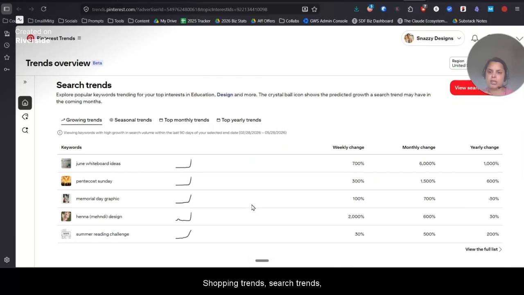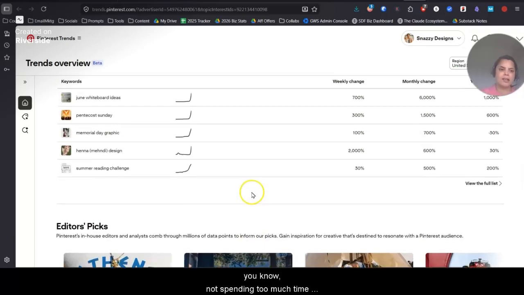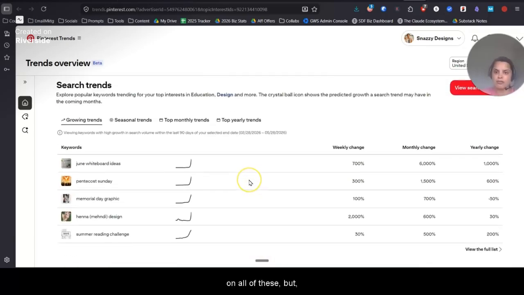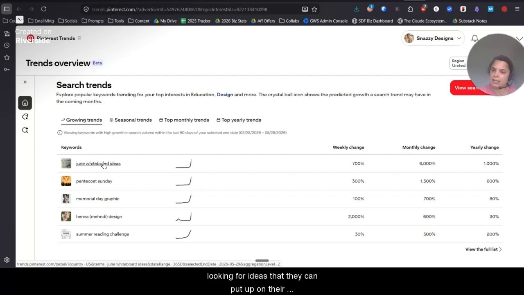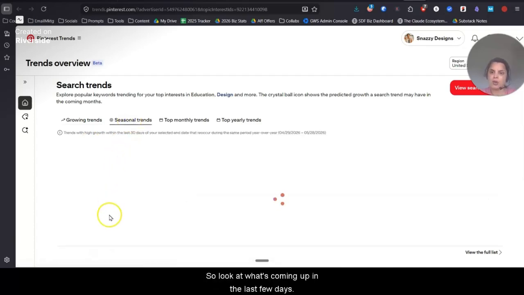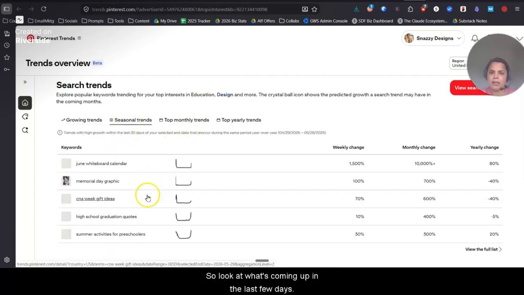Shopping trends, search trends, not spending too much time on all of these, but June whiteboard ideas, that's probably classrooms and teachers looking for ideas that they can put up on their whiteboards or in their classrooms. And as you can see, that's growing now. So these are the growing trends, seasonal trends. So look at what's coming up in the last few days.